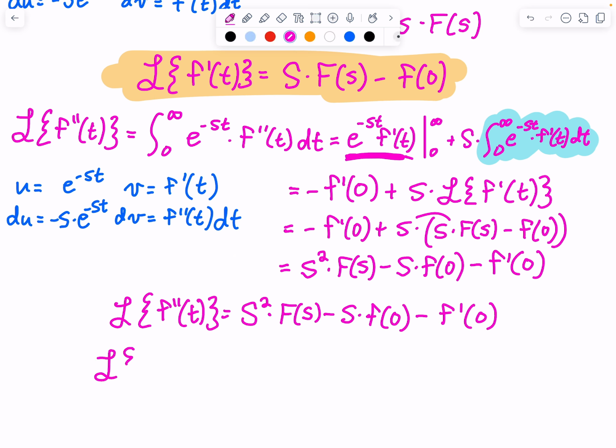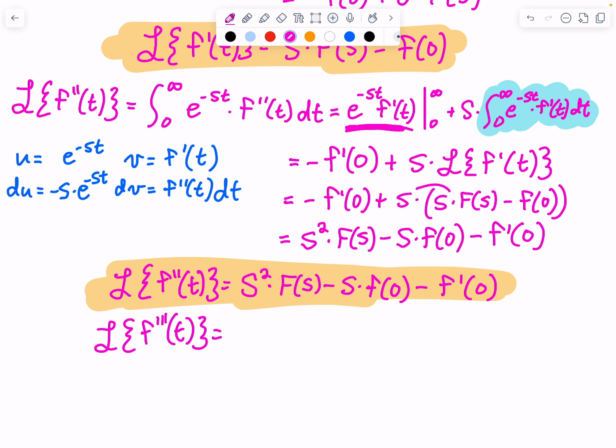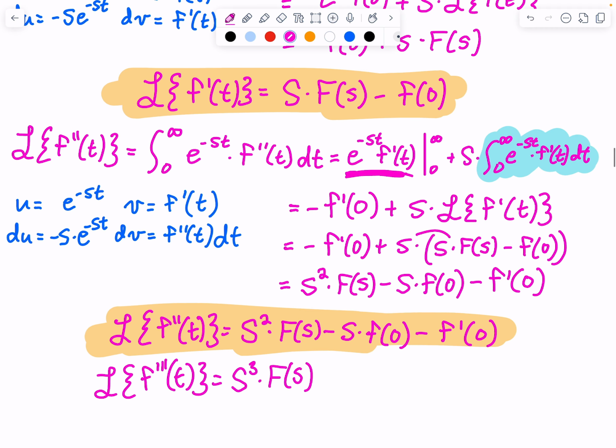And then the Laplace of our third derivative. We're not going to run through the definition again. If the top one is our definition for the Laplace of the first derivative, then the Laplace of the third derivative, notice if the second derivative started at s squared, then this one's probably going to start at s cubed, and then this is going to be times F of s. Notice that was the same in both.